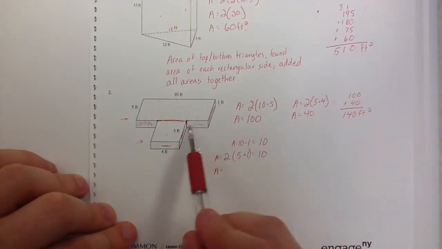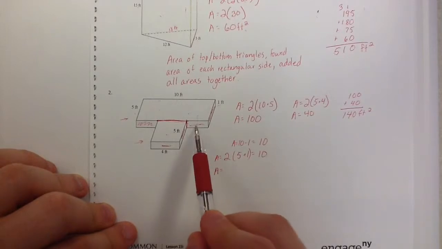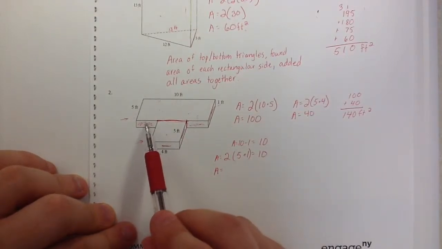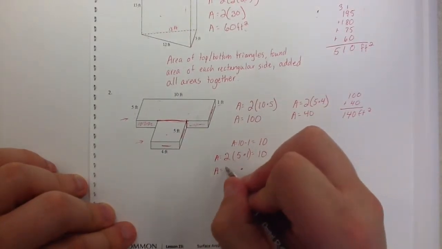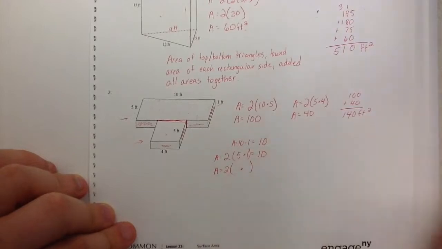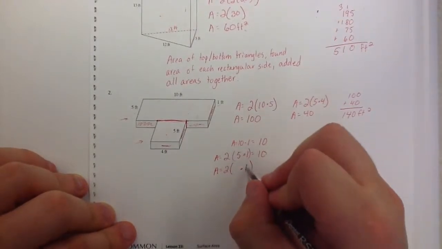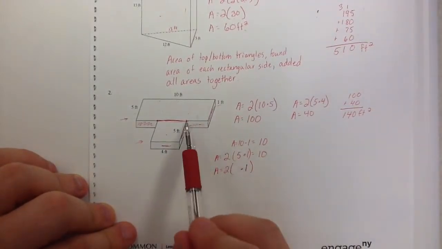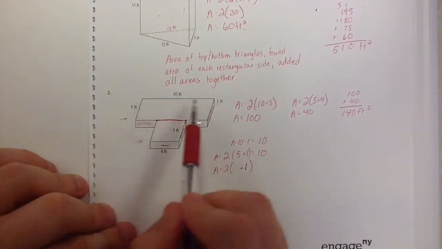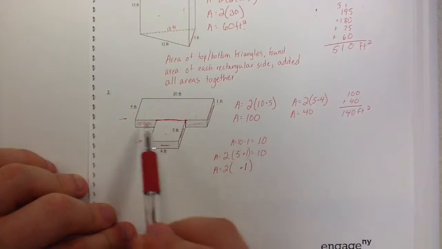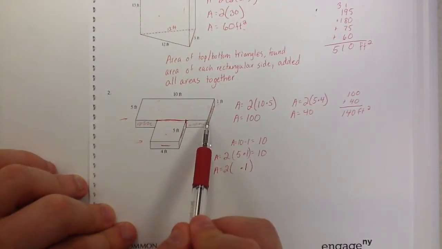Now, let's deal with this side right here. The area of this rectangle right here is going to be the same as the area of this rectangle right here. So we're once again going to say there's a 2 on the outside, and inside the parentheses, our 1 is definitely being multiplied, but we don't know what this is. How are we going to figure this out? Well, this whole line right here is 10.